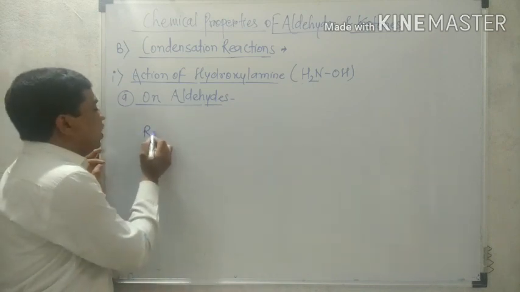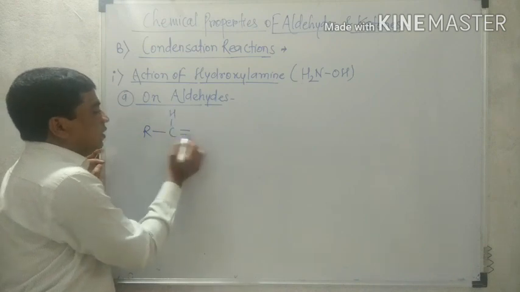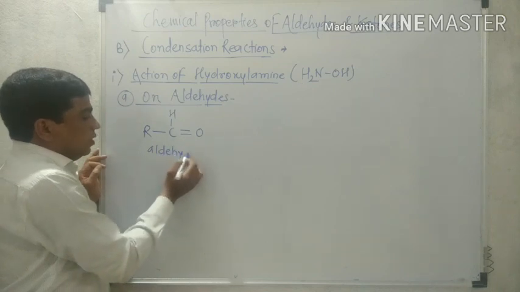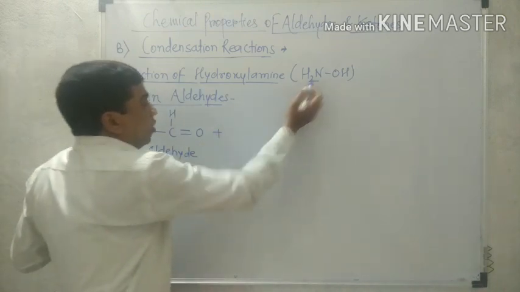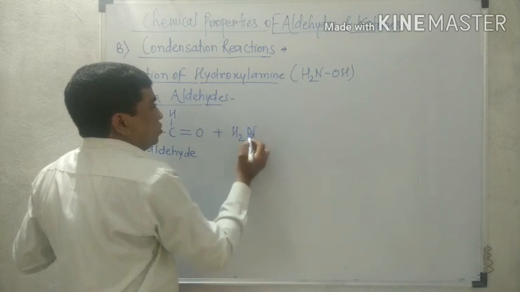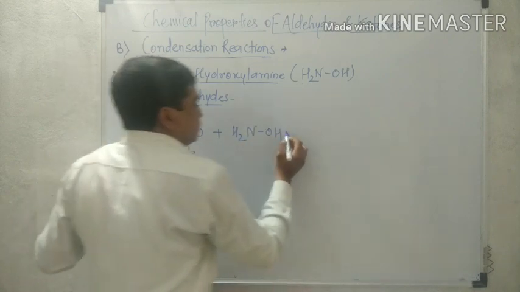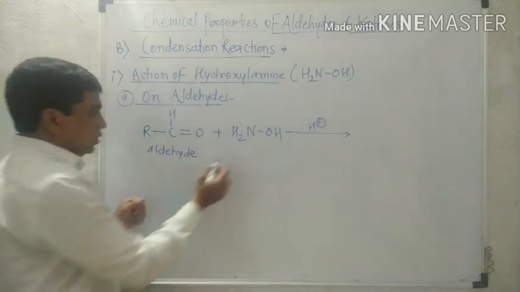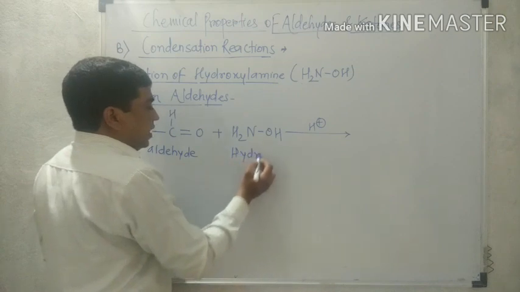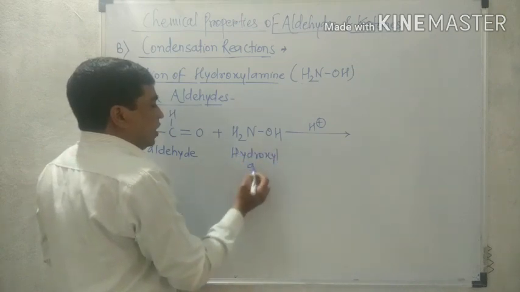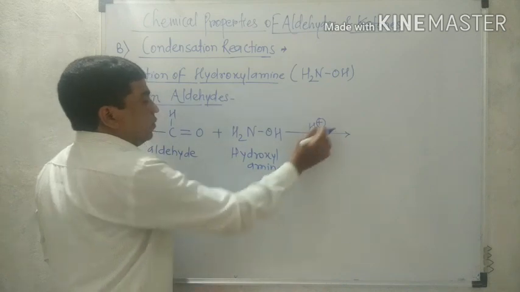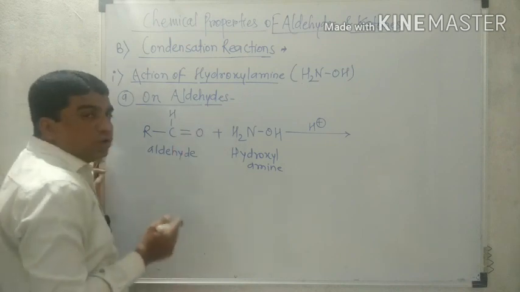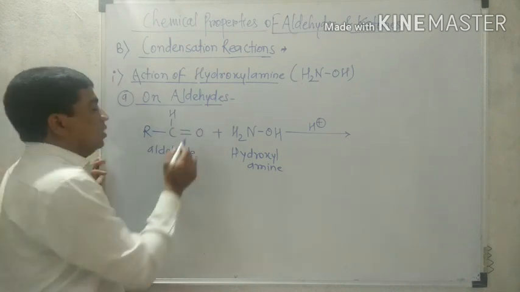Aldehyde has the formula RCHO. When it reacts with hydroxylamine, NH2OH, in presence of an acid catalyst, that is H+, the condensation reaction occurs.